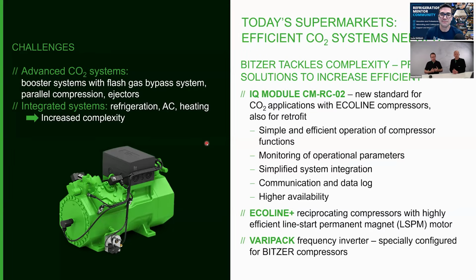A lot of things which are complicated to run safely around the compressor, we put these operating functions into our IQ module. For the rack controller, it is the same interface as to a frequency inverter. You give us the 0 to 10 volt signal, and we give you the capacity you want to have. Secondly, we have some monitoring of the operation parameters, so the sensor values and so on we have in our data log as well. So you can communicate with the compressor, which makes it also a little bit easier.